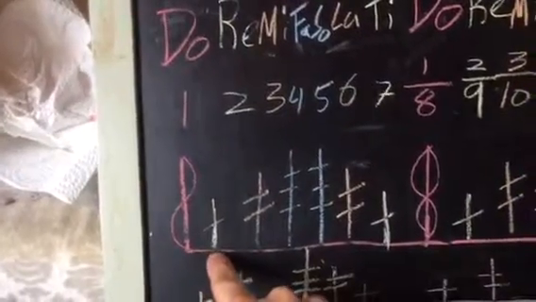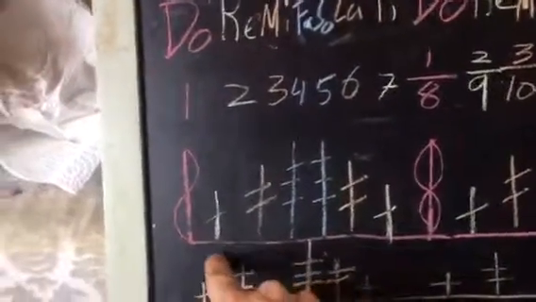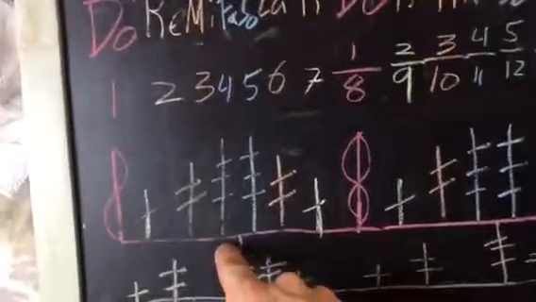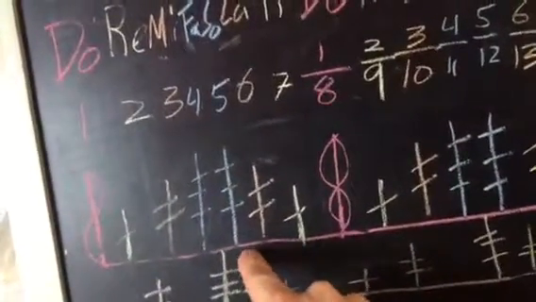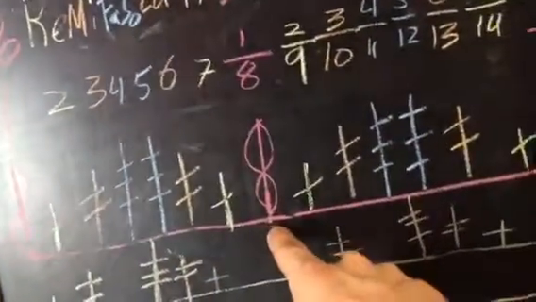And as we start taking steps of 1 step away, 2 steps away, 3 steps away, we're starting to curve back into the octave.